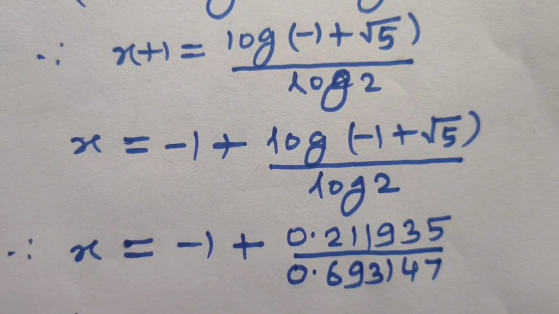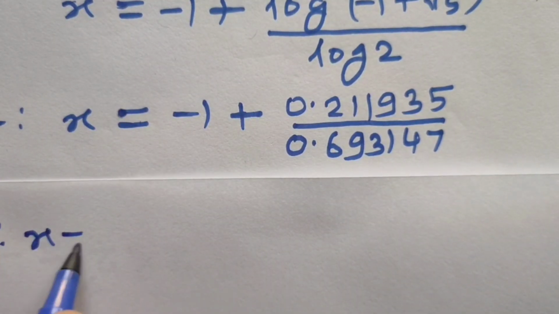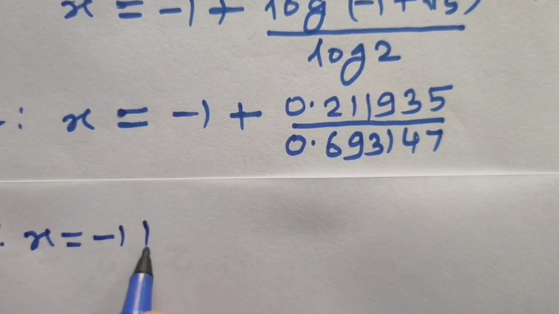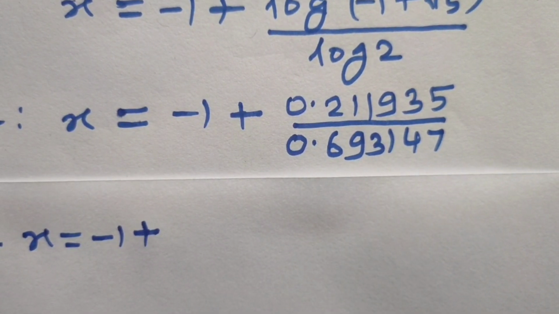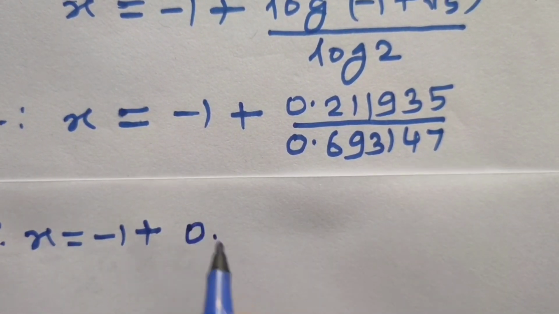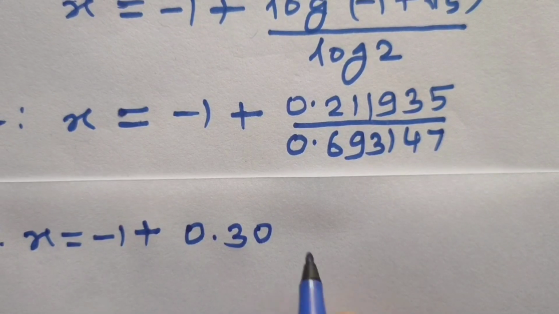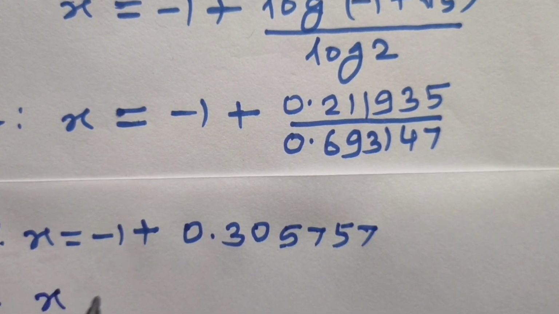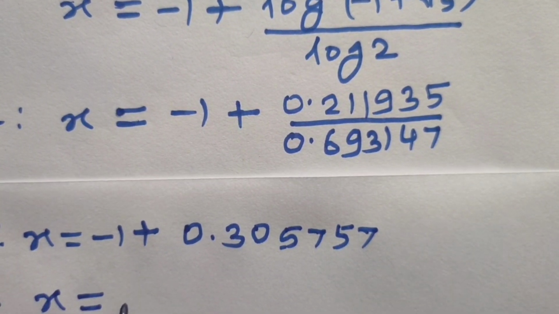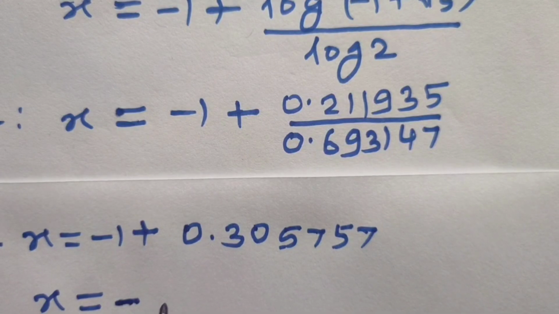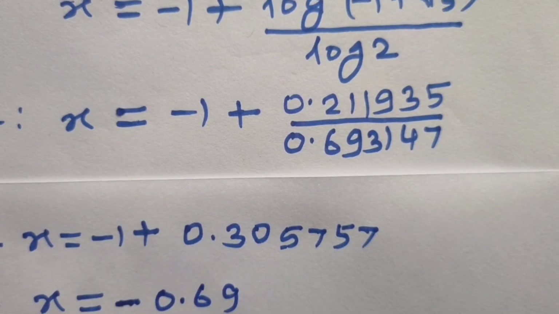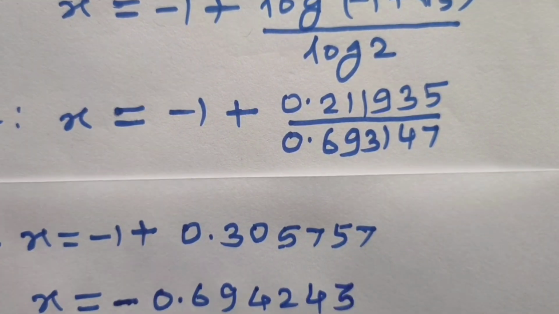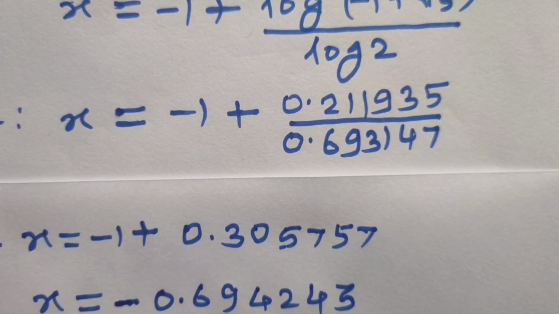So x is equal to minus 1 plus this number divided by this number, which is equal to 0.305757. Hence x is equal to minus 0.694243. Okay, so this is the value of x.